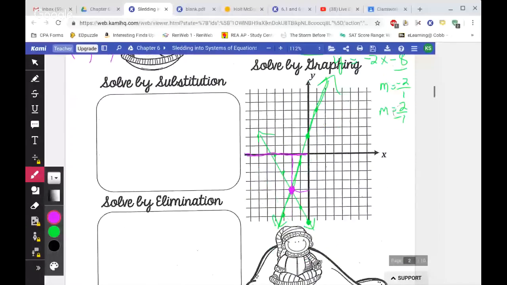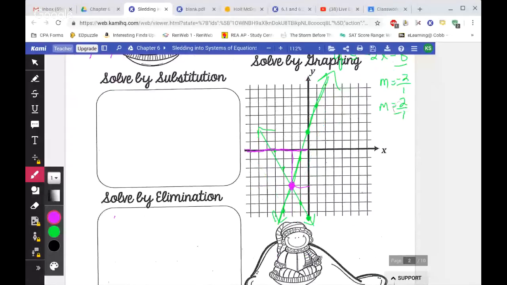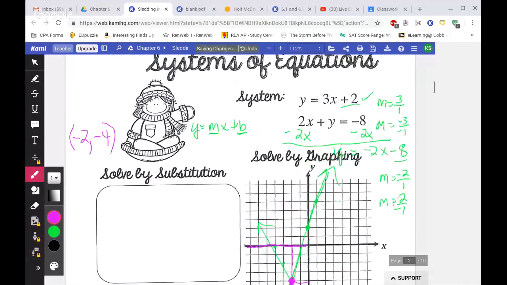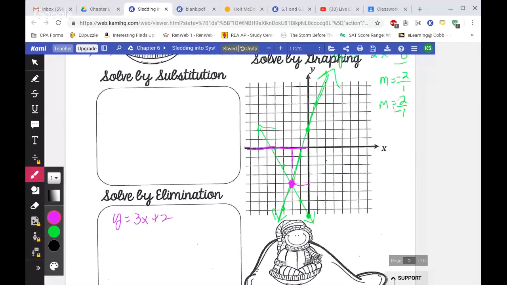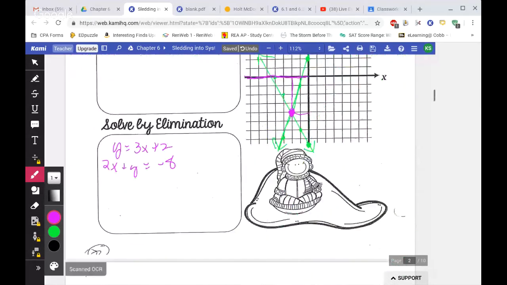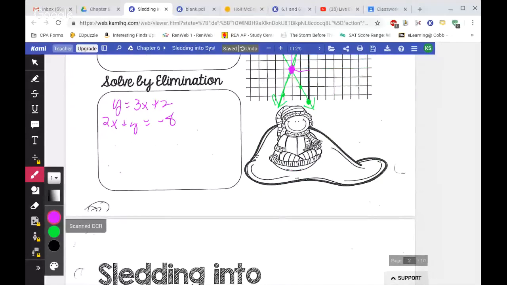So y equals 3x plus 2, and 2x plus y equals negative 8, as I think it was. All right, so they both need to be in standard form.